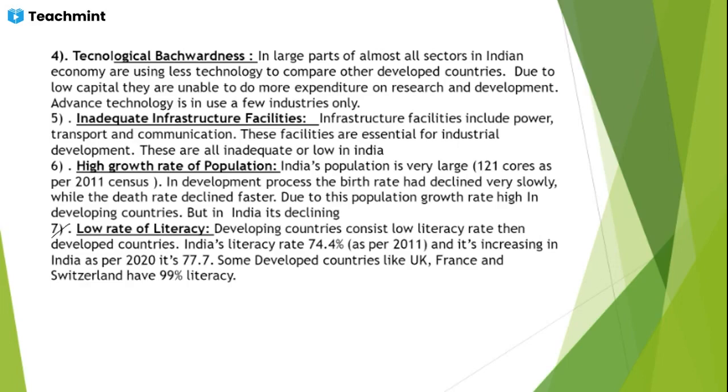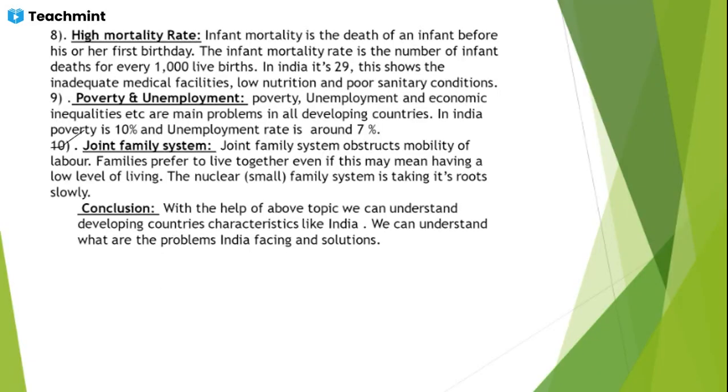Inadequate infrastructure facilities, that means we have fewer infrastructure facilities, and a high growth rate of population, that means we have a high population. Low rate of literacy, we have less literacy than developed countries. High infant mortality rate, that means the children's death rate out of 1,000. And poverty and unemployment, these kinds of problems we can see in developing countries, and the joint family system also. So these are the 10 characteristics.